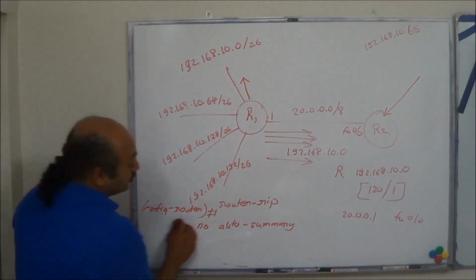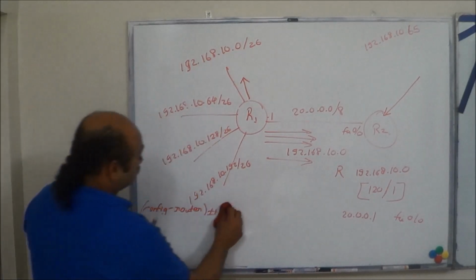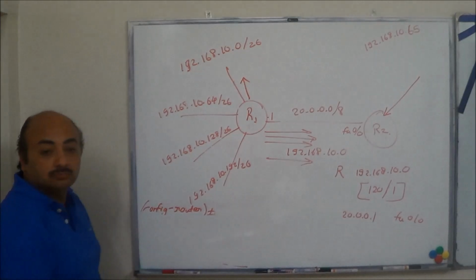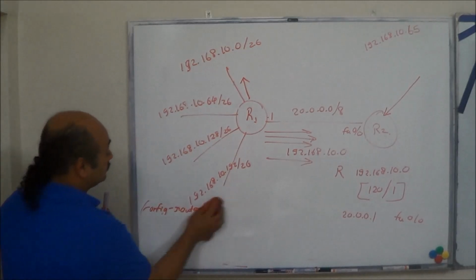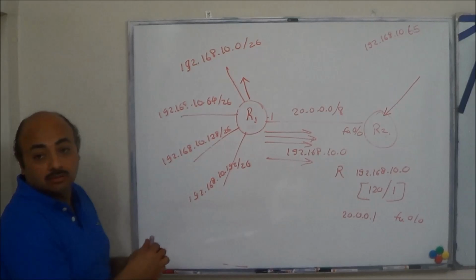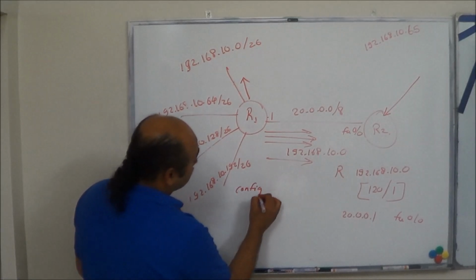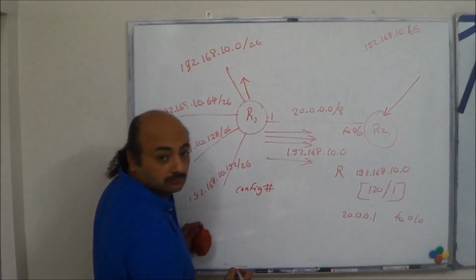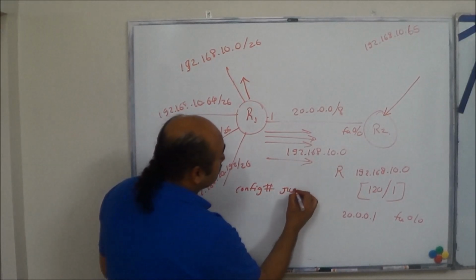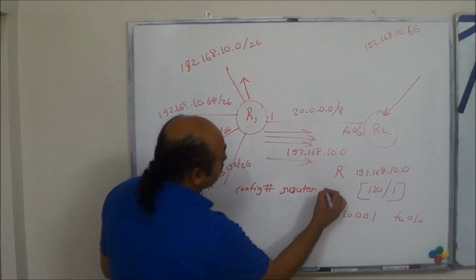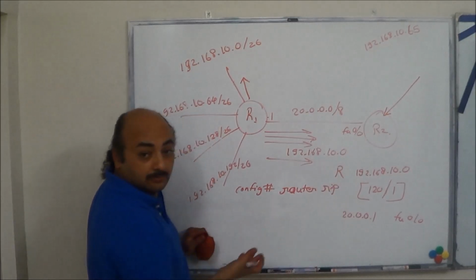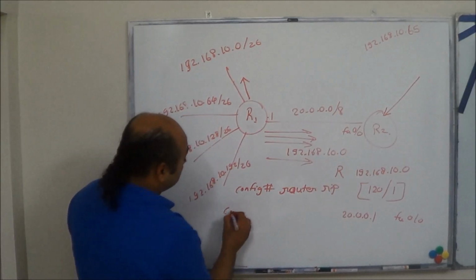Next, how do you configure RIP version 2? What you do is, you are here. You do this for RIP as such. Where do you land?